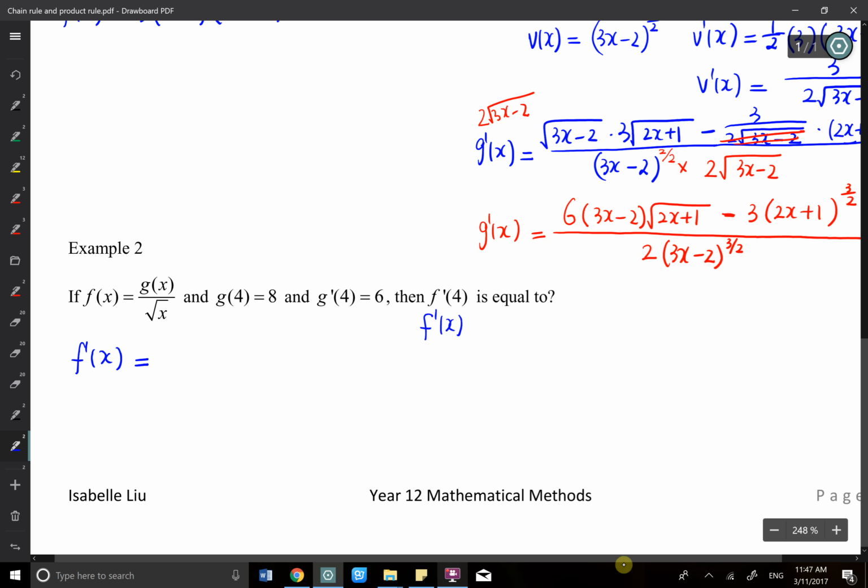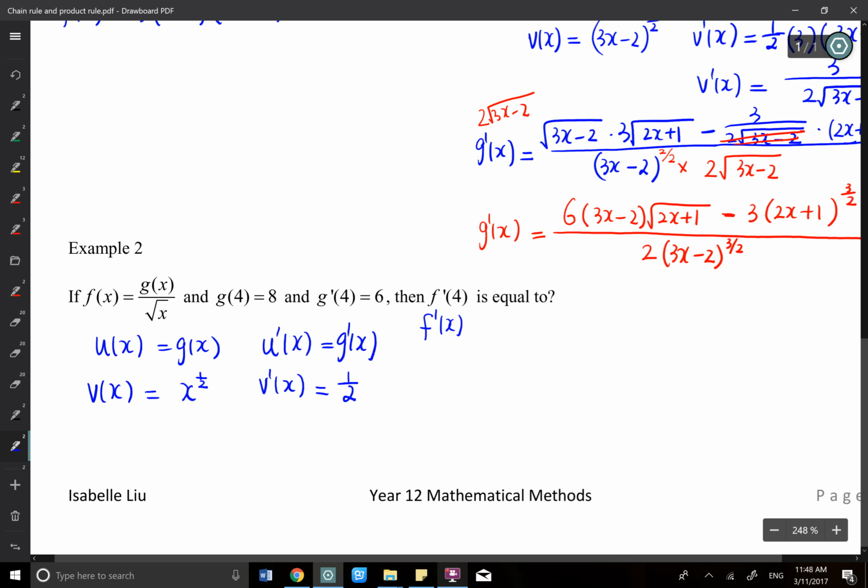f'(x) will be, let's just still write u(x) and v(x) because you're trying to derive that function. So u(x) will be g(x), then u'(x) will just be g'(x). v(x) is x to the power of half, then v'(x) is a half x to the power of negative a half, and that equals 1 over 2 square root x.